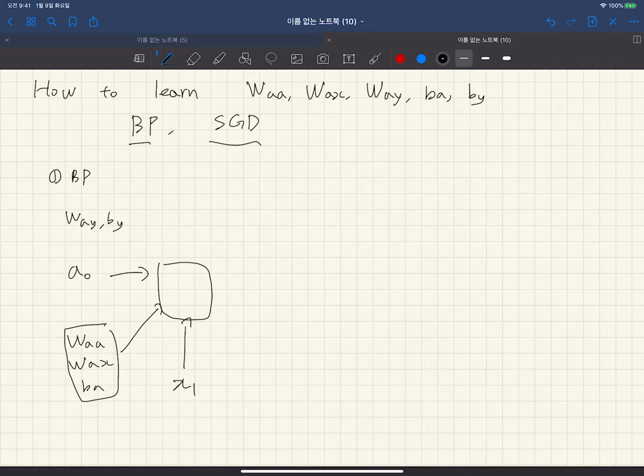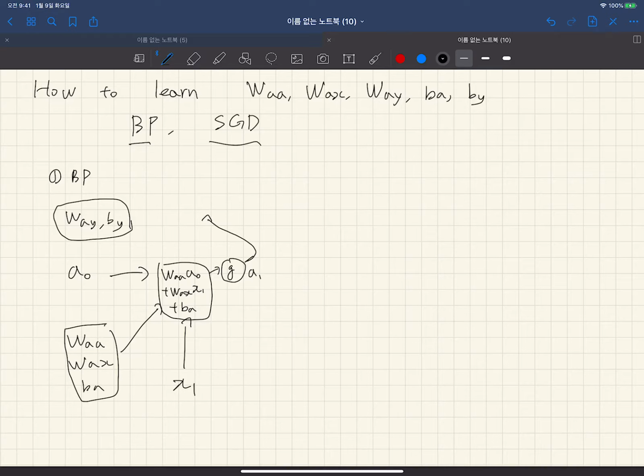So this is just a linear operation: WAA times A0 plus WAX times X1 plus BA, which goes through some nonlinear activation function G, and which makes the A1 hidden state, the new updated hidden state, and this value goes to here to compute the output Y hat.